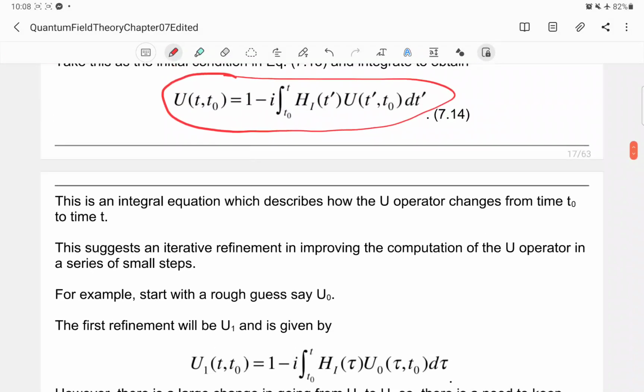So this is an integral equation which describes how the U operator changes from time t0 to time t. And this suggests an iterative refinement in improving the computation of the U operator in a series of small steps. So you can still expand this part here.